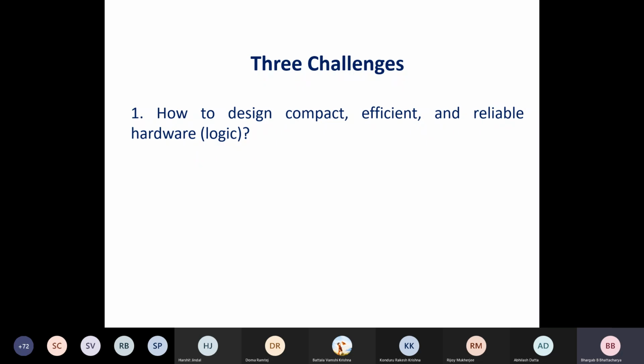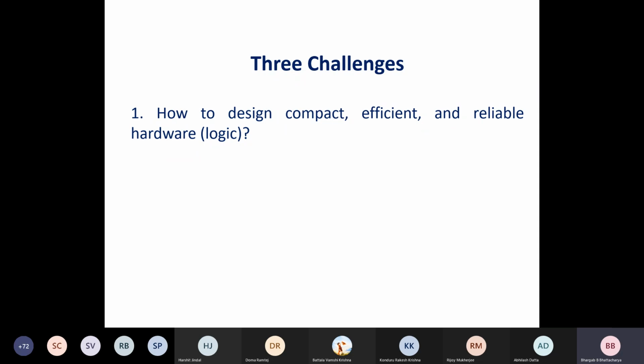It has to be compact because nowadays we are talking about millions and billions of transistors, so it takes a very small area on the silicon chip. It has to be reliable so that you can guarantee its functionality even after manufacturing and also during operation in the field. And it must be efficient.